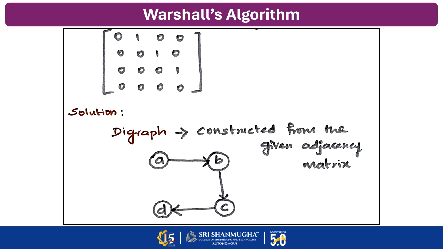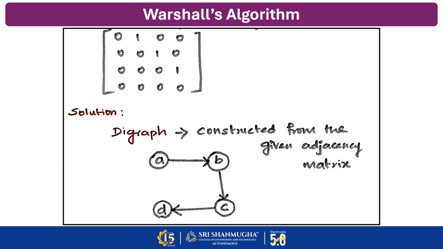If the value is 1, then there is one connection. Connection in the sense edges, because all are vertices. From one vertex to another vertex, you will have one connection, one line. That is termed as an edge. So if there is 1, then both the vertices are connected. If it is 0, those vertices are not connected.